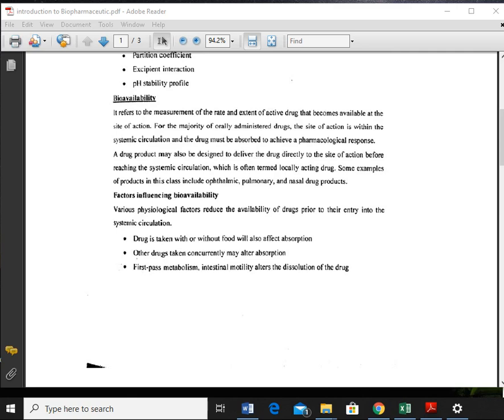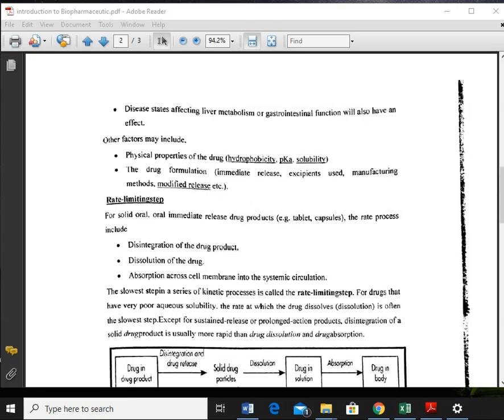In this case, the drug may be toxic if it increases the concentration and may be ineffective if it decreases the other drug's concentration. Number third, first pass metabolism. Intestinal motility alters the dissolution of the drug. Disease states affecting liver metabolism and gastrointestinal function will also have an effect.